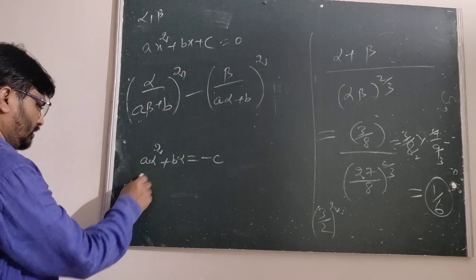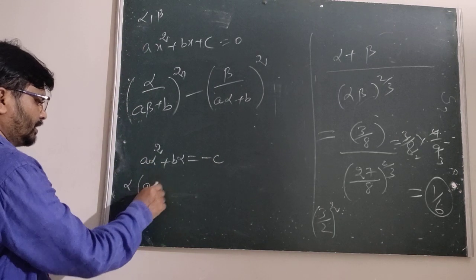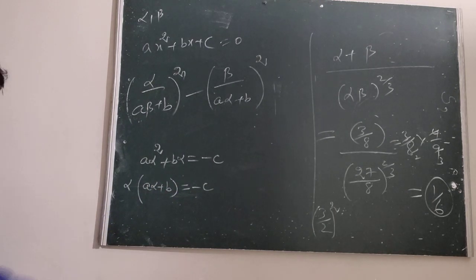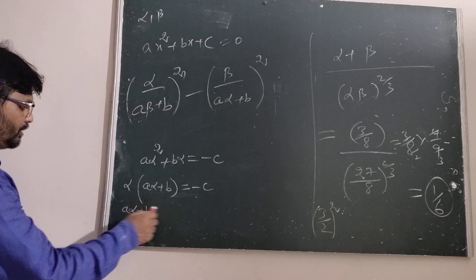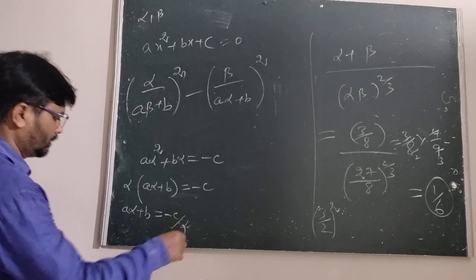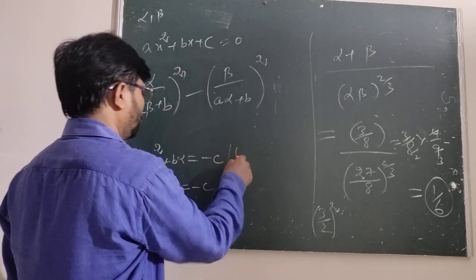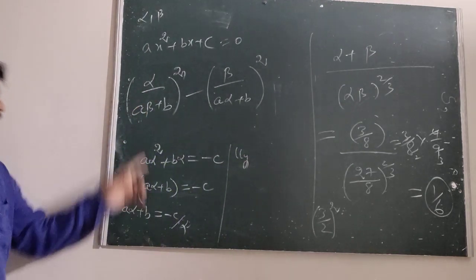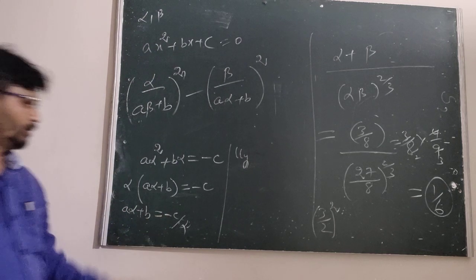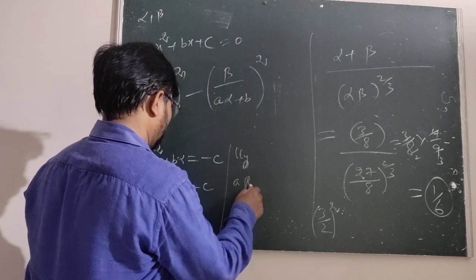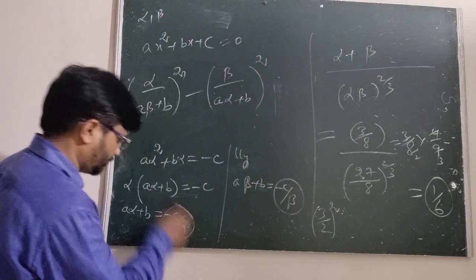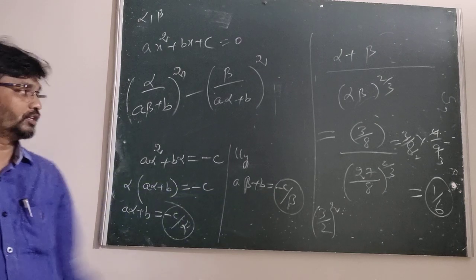Taking alpha as the common factor, a alpha plus b equals minus c by alpha. Similarly, putting x equal to beta, a beta plus b equals minus c by beta.